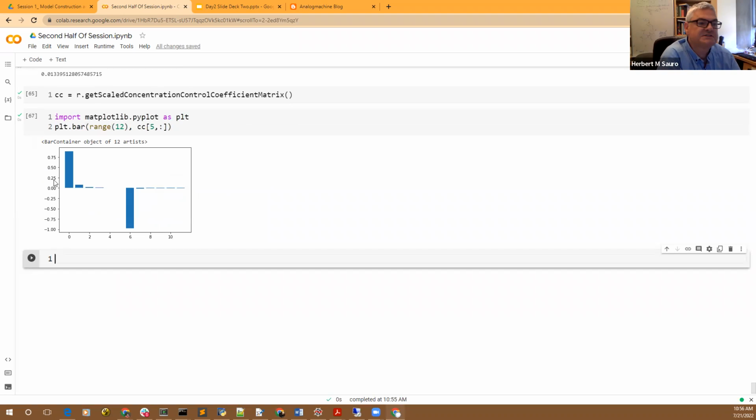You can see it's most sensitive at the beginning, approaches 0 towards the middle, and then goes negative. It's basically telling me any perturbations downstream of S5 will pull down S5, and any perturbations upstream of basically step 6 will increase S5.